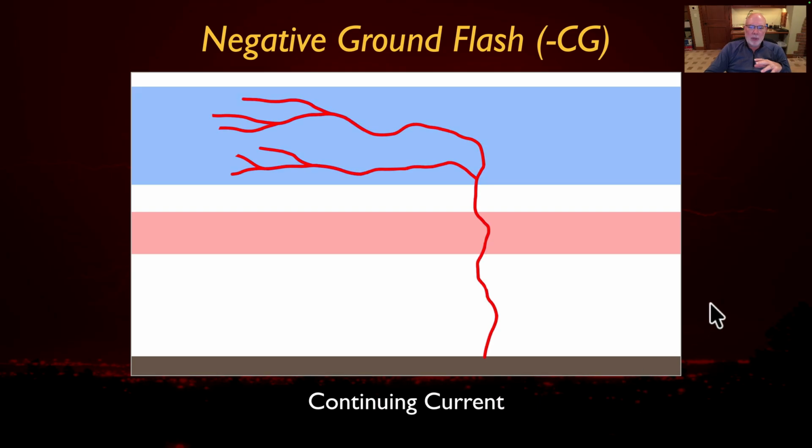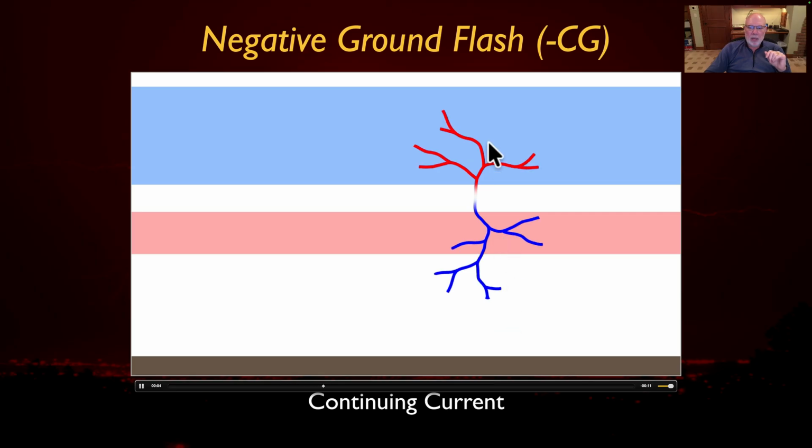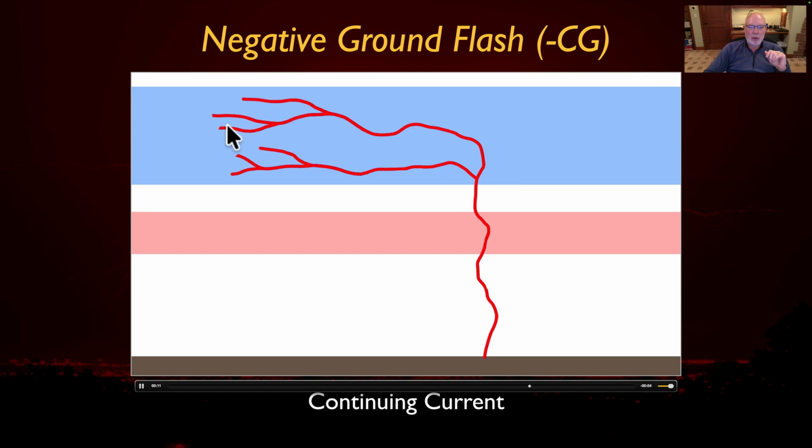In the case of continuing current, what we're going to see is that some leader activity post-return stroke is going to keep propagating. So you get this development, the negative leader coming down, positive leader going up, the return stroke, which goes through the channels, some of which might decay, but if it keeps growing after that, it will illuminate the whole channel as current flows, in this case electrons coming downward.